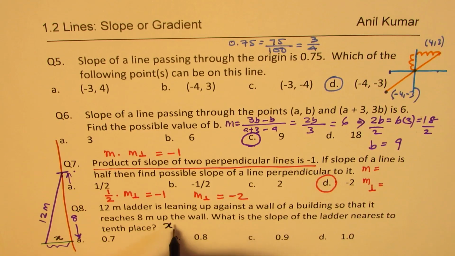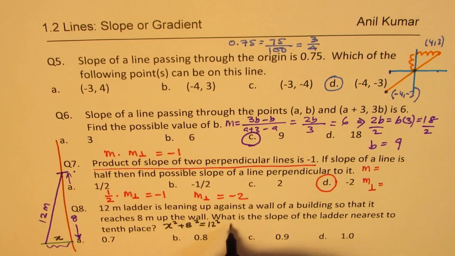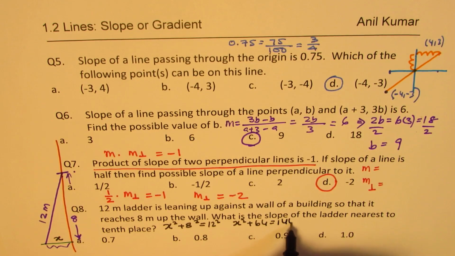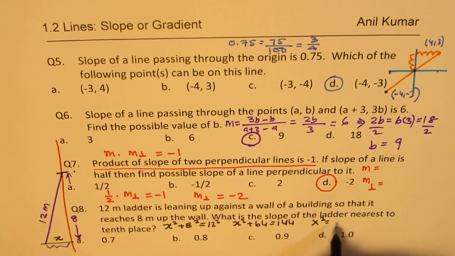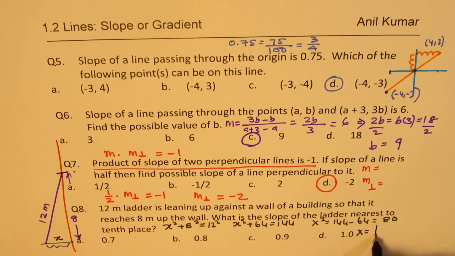Well, we know that x square plus 8 square should be equal to 12 square. Perfect. That is to say that x square plus 64 equals 144, and that is x square equals 144 minus 64. Correct? Now we need a calculator to find square roots. So the value of x basically is square root of 80.